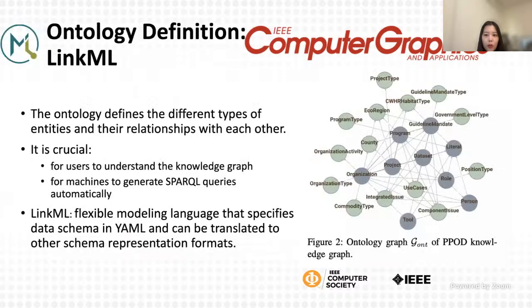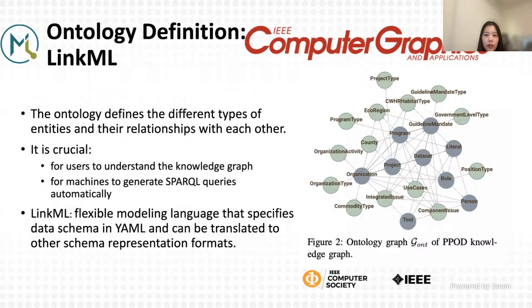The first component is ontology definition. The ontology definition defines different types of entities and their relationships within the knowledge graph. This is essential not only for users to understand and navigate the graph, but also for machines to automatically generate SPARQL queries.